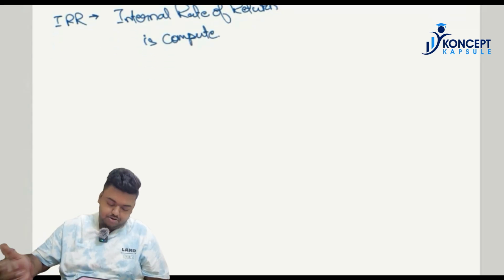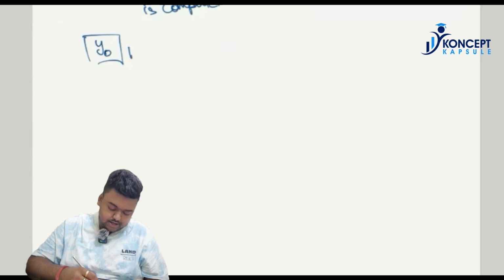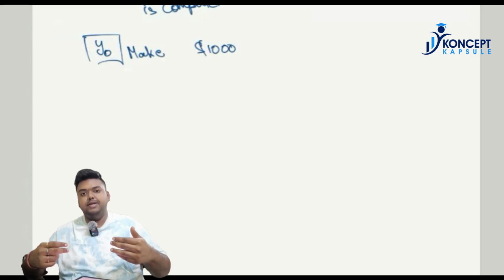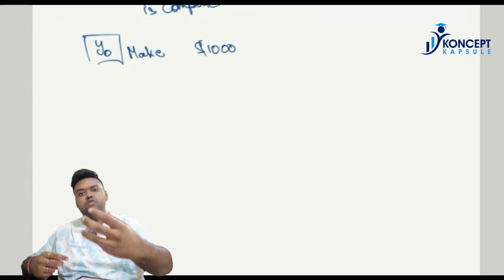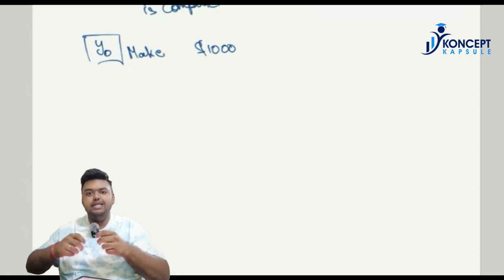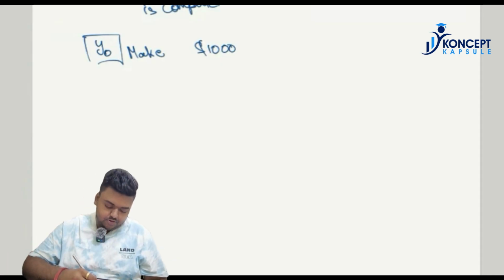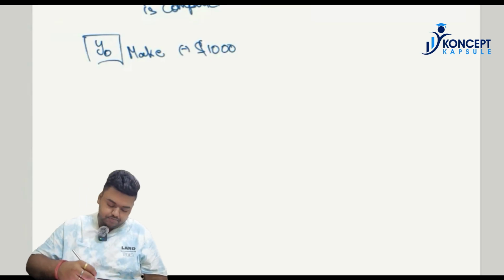Let us take an example. Suppose at point 0, you make an investment of $1,000. Okay. Since you are making an investment, can we say this is a cash outflow for you? Since you are making an investment, money is going out from your pocket. Can we say that? Yes, we can say money is going out from our pocket.